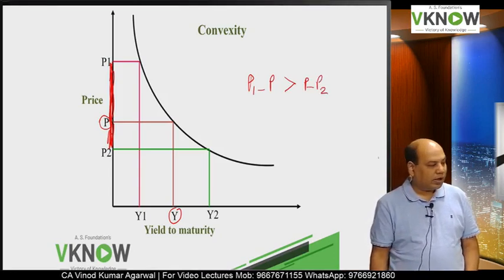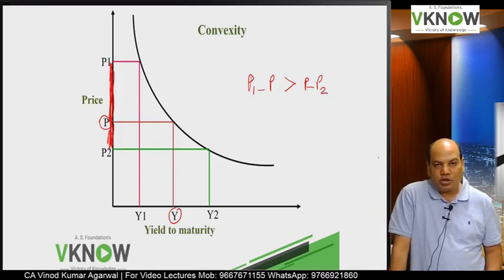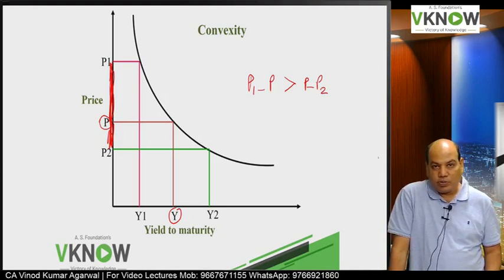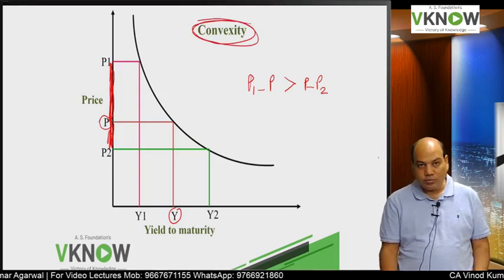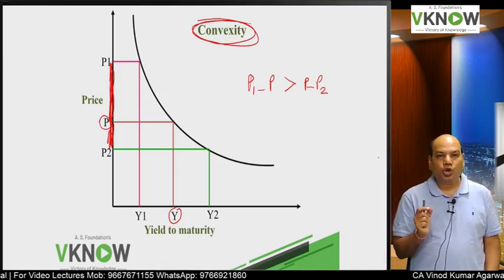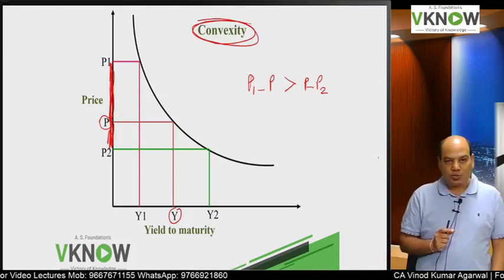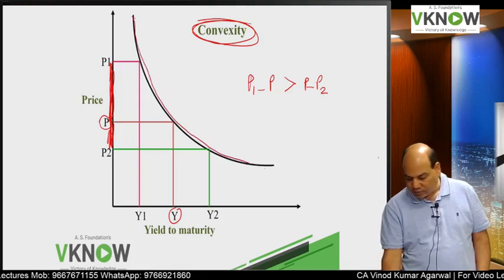With the help of the diagram also, I am able to convince you that the change in the bond price will be more if YTM falls, and this property of the bond is called convexity. This curve is convex.